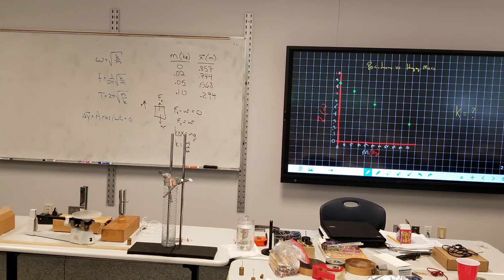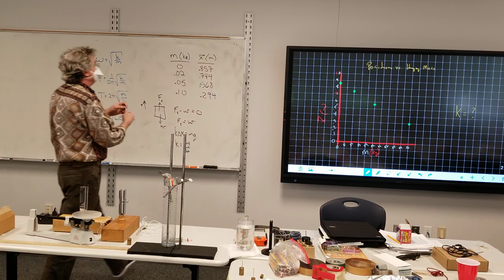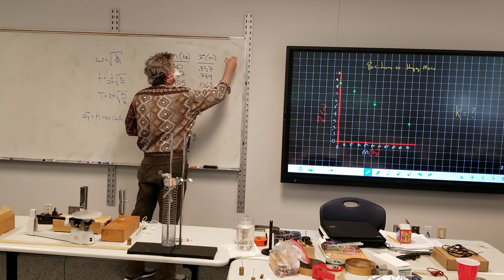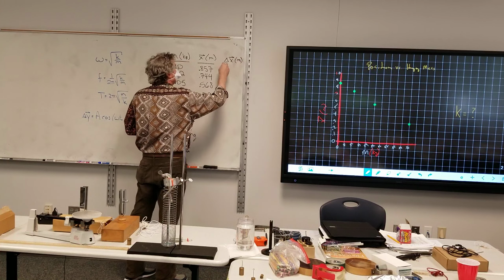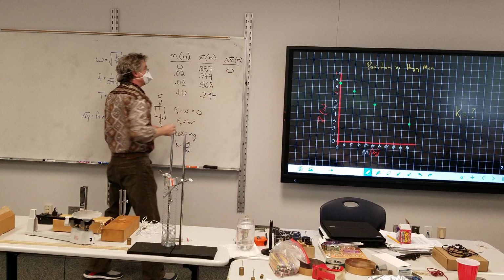Corey? I was going to say just measure from the top to where the weight is hanging. Oh, do measurements from the top? So don't do x, actually do a delta x, okay? So that would be 0, got that one done.